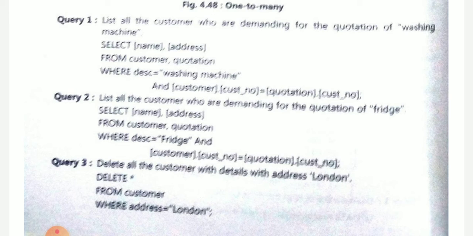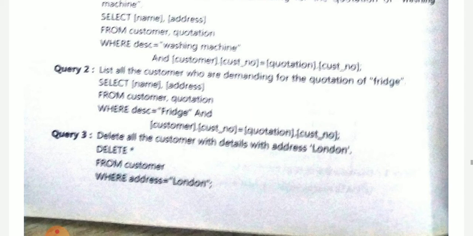Then select name comma address. Okay, this select query can select the name and address from the customer table. Okay, and quotation where description is equal to fridge and customer number is equal to quotation customer number.